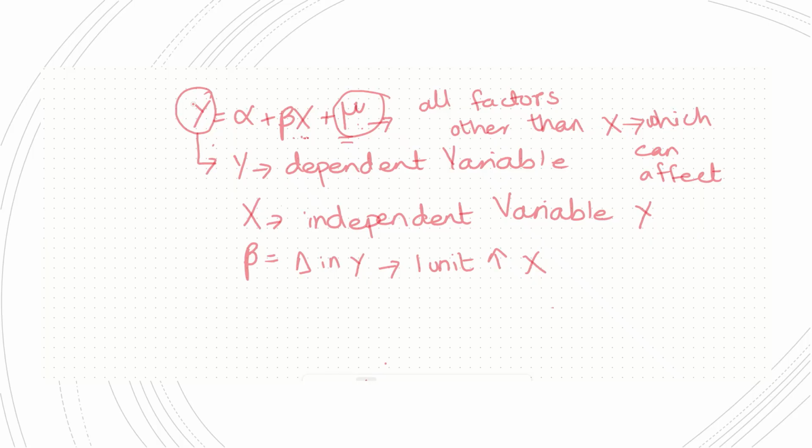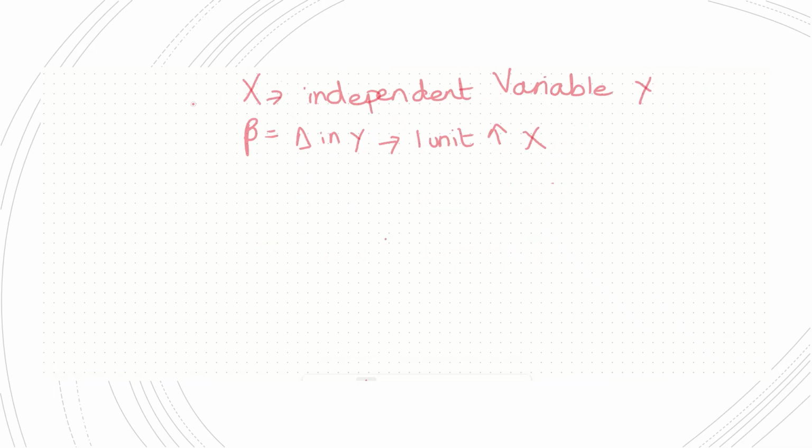Now let's take an example. We know from the theoretical background that consumption is a function of income. Income has two parts, one is consumption and one is saving. So if we want to see the effect, the equation can be C is equal to alpha plus beta Y plus error term, where C denotes consumption.